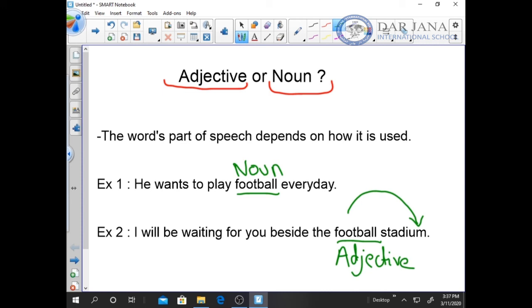If the word gives a detail about another word, defining and describing another word, this means that it is an adjective. And if it is used as the main word naming something, it is a noun.